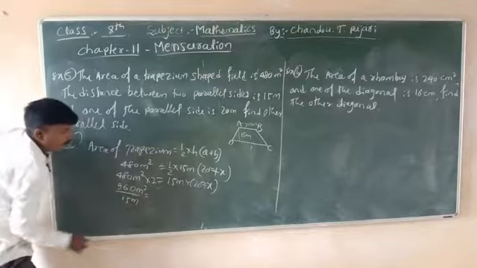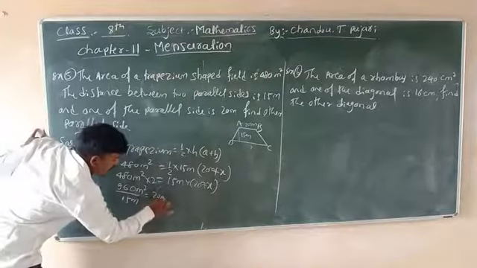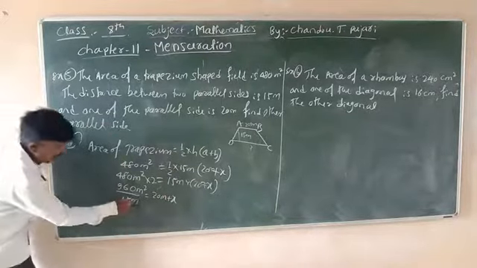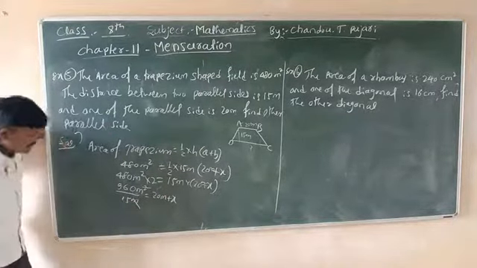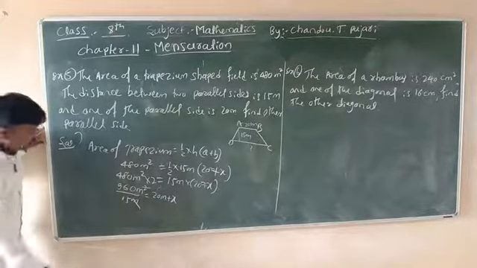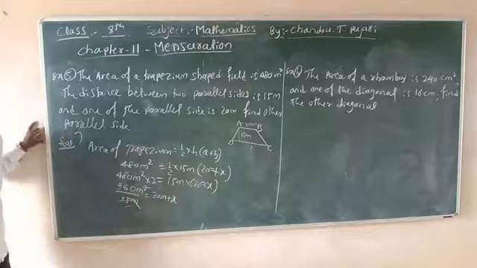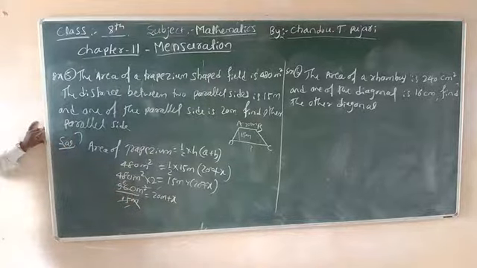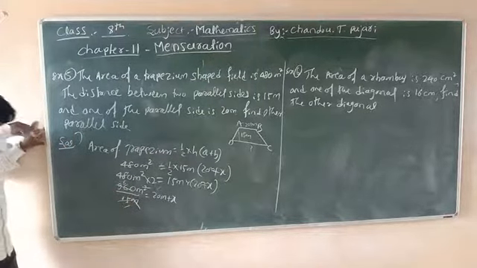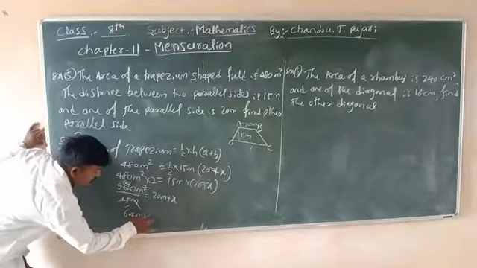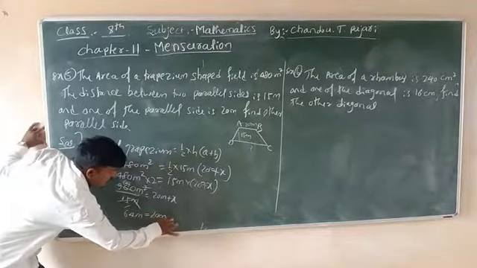The meters cancel. 15 ones are 15, 15 sixes are 90, remaining 15 fours are 60. So 64 meter is equal to 20 meter plus x.